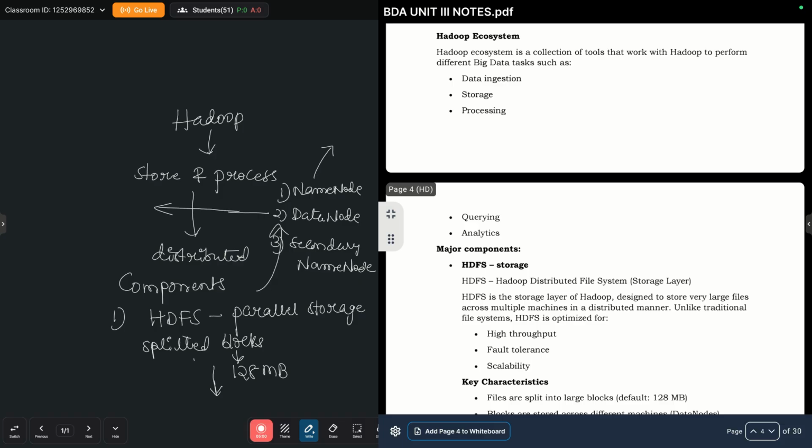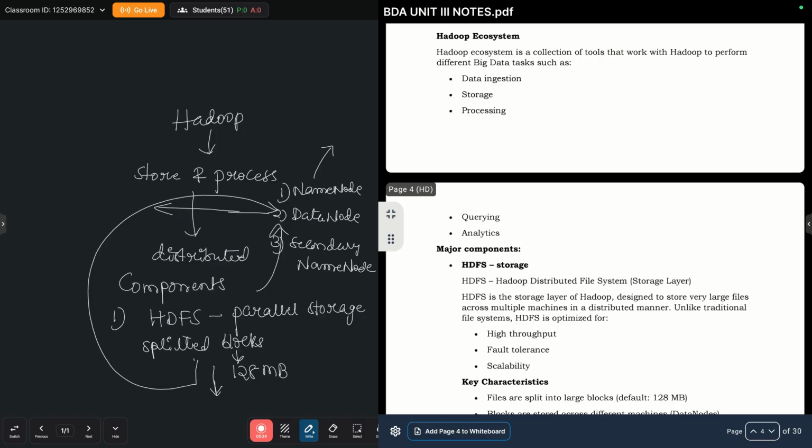The incoming input file is split into blocks, and these blocks are stored in the data node. Exactly where the blocks are stored: in the data node itself.